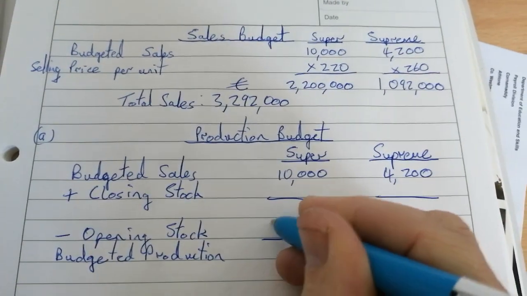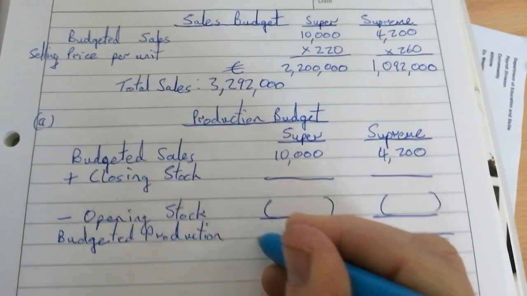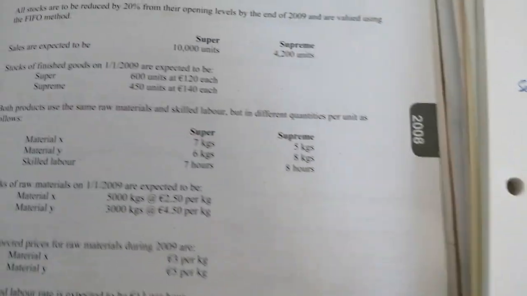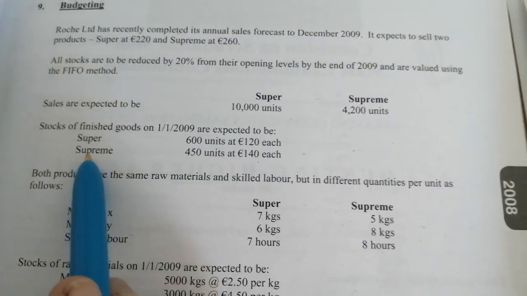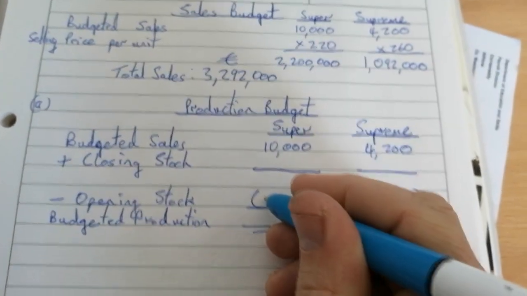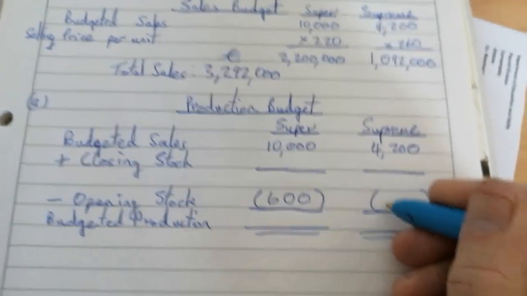So we can fill in some things straight away. Our opening stock of Super and Supreme have been given to us. Stocks of finished goods: Super 600, Supreme 450. Don't worry about what it cost us to come up with that opening stock.